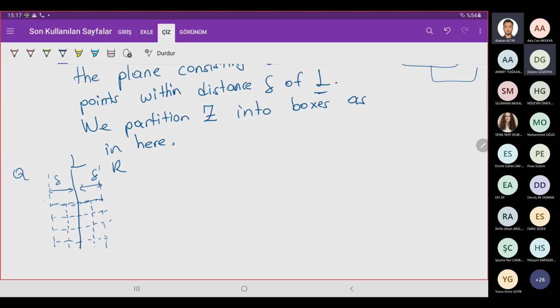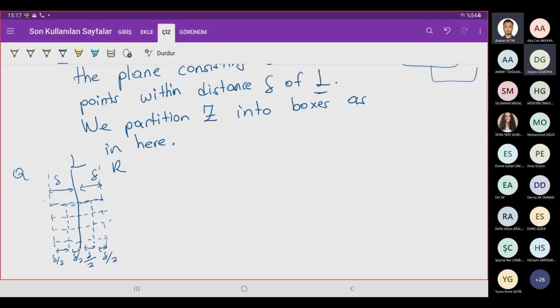Like these boxes, okay? Each one of these is delta, so the big part. So these are delta over 2, delta over 2, delta over 2, delta over 2, each one of them.